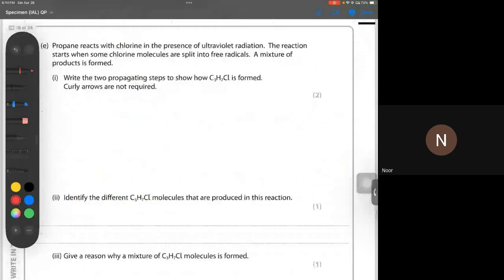Propane reacts with chlorine. Write the two propagating steps to show how C3H7Cl is formed. Curly arrows are not required.